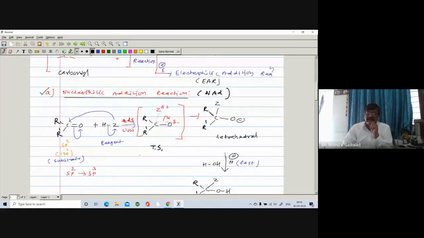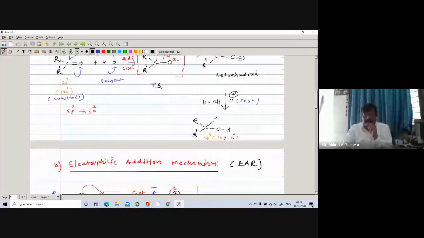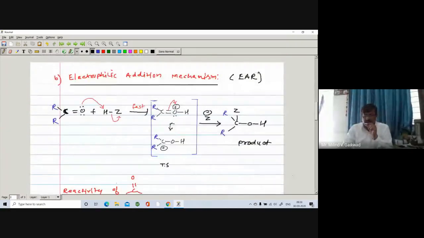Generally, most of the reactions take place by nucleophilic addition, meaning the nucleophile attacks first and then the electrophile. The first step is the attack of the nucleophile, formation of the transition state, that is a tetrahedral. If you don't write the transition state, it also works. You can write directly the tetrahedral intermediate, that is a slow step, and then it undergoes protonation to give the corresponding product.